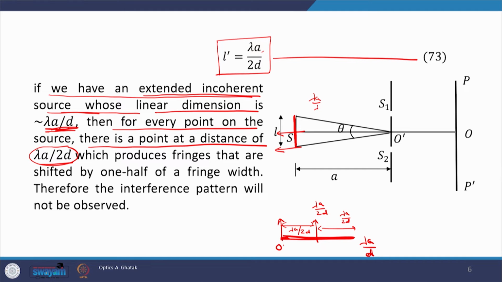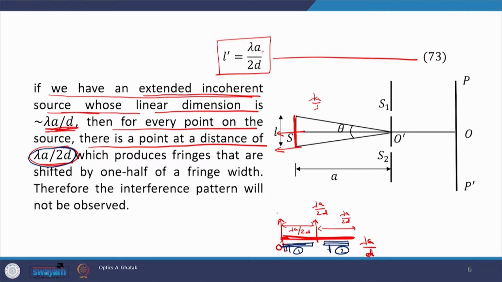Now, for each point source, let us pick another color. This is your first band and this is your second band. For each point in the first band, we can find a corresponding point in the second band, which is at a distance lambda A by 2d.